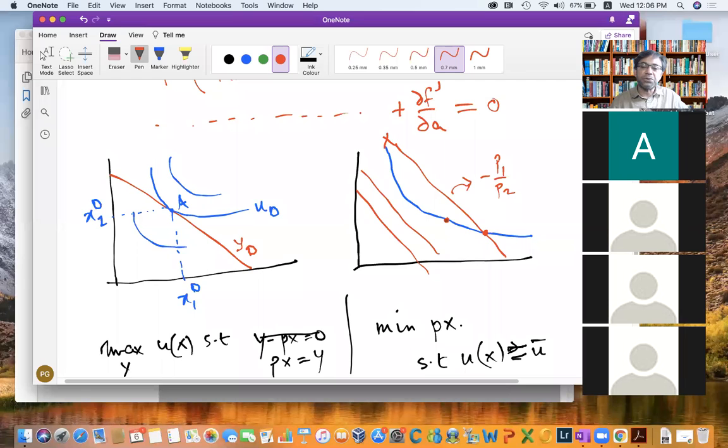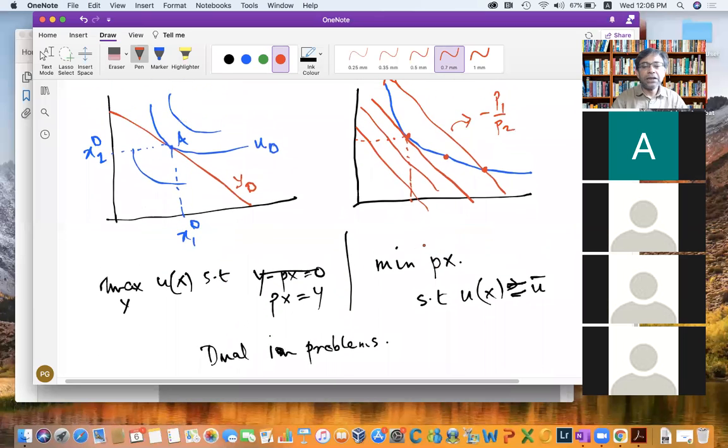So this can't be optimum. So the optimum point will be a point of tangency. So the dual problem of the consumer's problem, right? This is utility maximization, expenditure minimization. These are the two dual problems. So the dual of utility maximization is also characterized by a tangency condition. Okay.